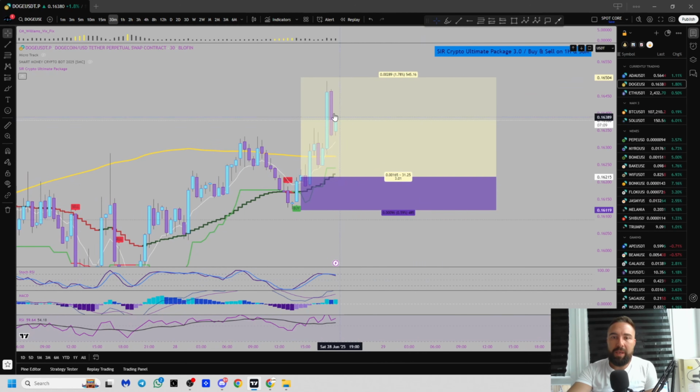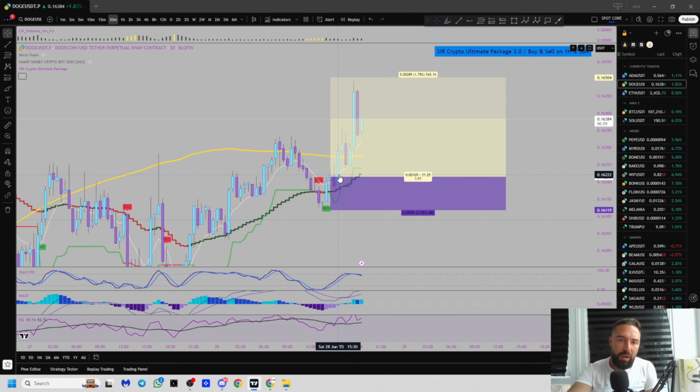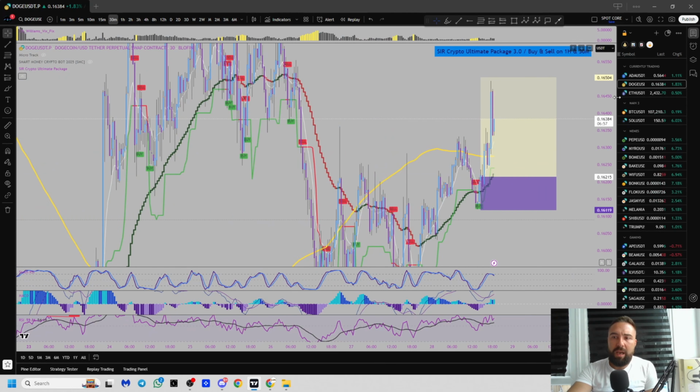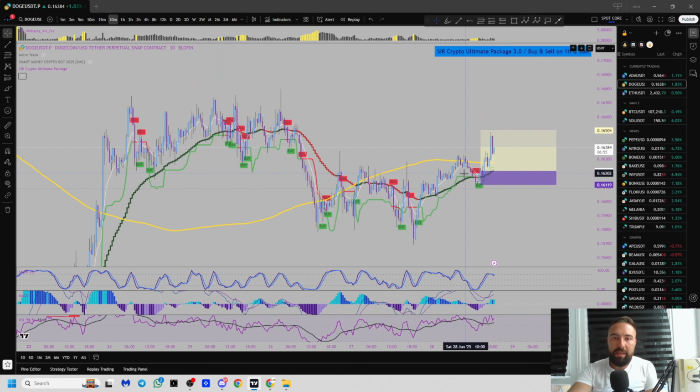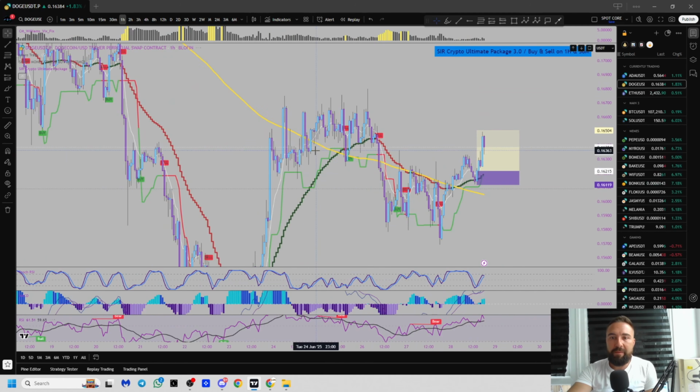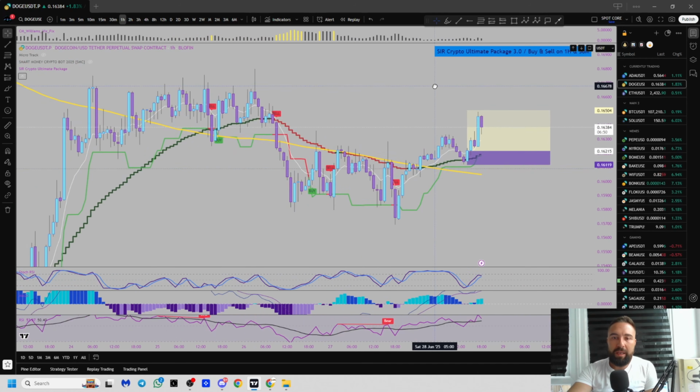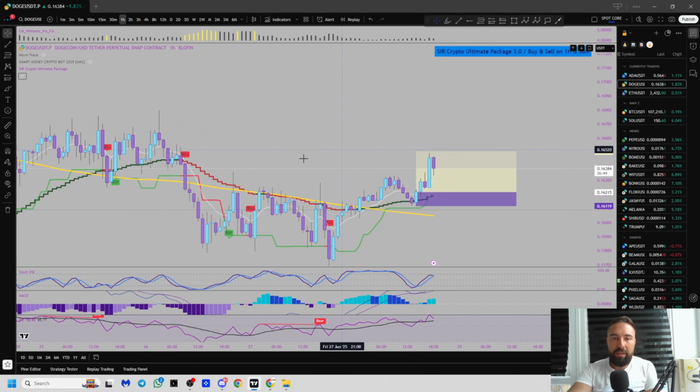What I did is, because the trade plays out so nicely, I don't want to lose on this trade, so I just move the stop loss to the entry. Okay, so this is how it works. These are the buy and sell signals, and same thing on 1 hour. It does exactly the same. It's just for the trades.